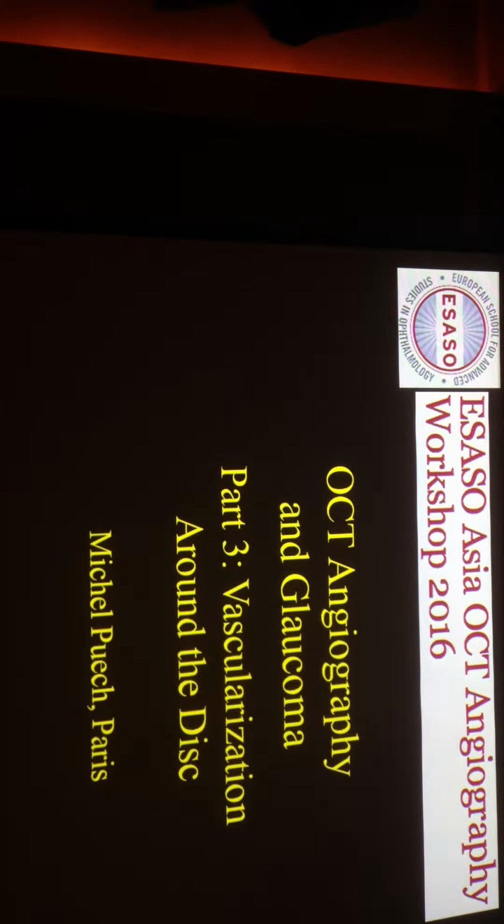The third part of the study concerning glaucoma is the analysis of this network around the disc. It was the first observation with OCTA angiography because of the very low flow in these vessels and their very small diameters.